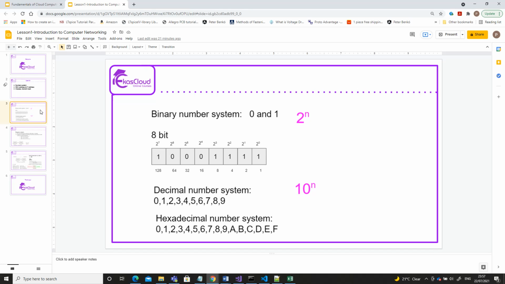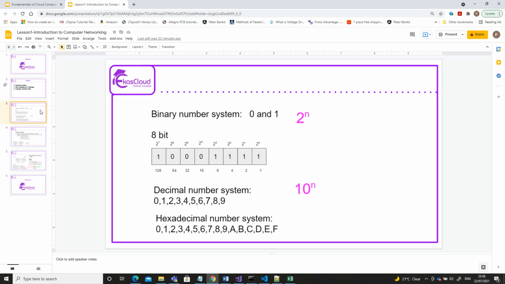The hexadecimal number system is a little bit more complicated from that point of view, but it is still easy to understand because it consists of the numbers from 0 to 9, and then the numbers 10, 11, 12, 13, 14, 15 are replaced by the letters A, B, C, D, E and F. So this is also used in computing pretty much for easier understanding and reading for the human, not really for the device, for the computer.